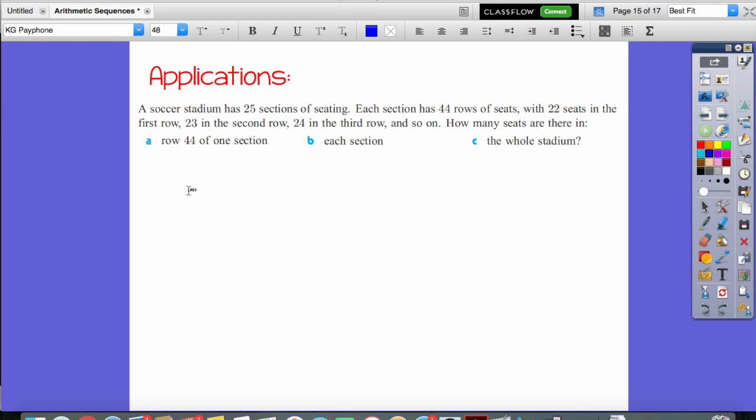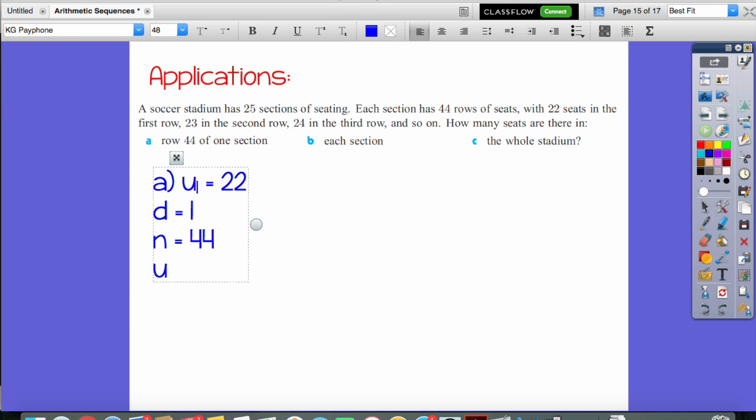So starting with A, we already know that our first term is 22 because we know that there are 22 seats in the first row, okay? We also know that our common difference is 1 because each row is increasing by one extra seat, okay? And we also know n. We know that n is going to be 44 because we want to know how many seats are in the 44th row.